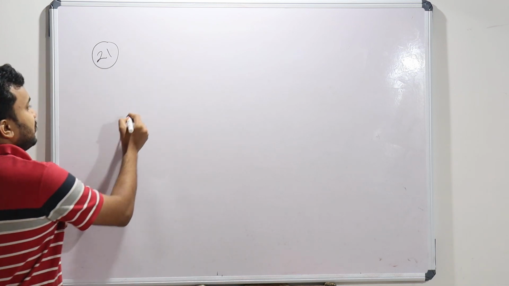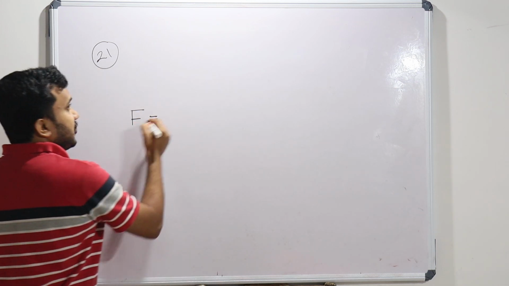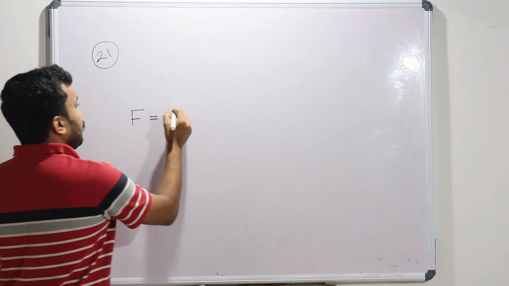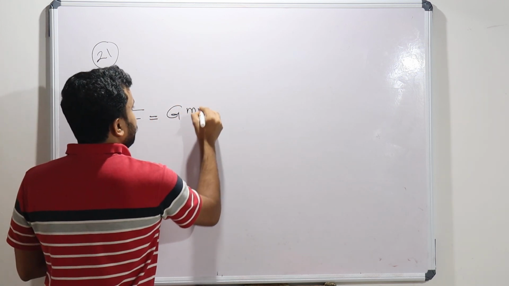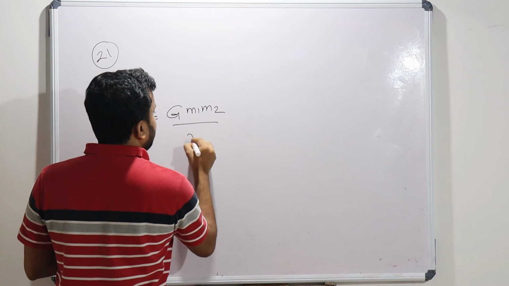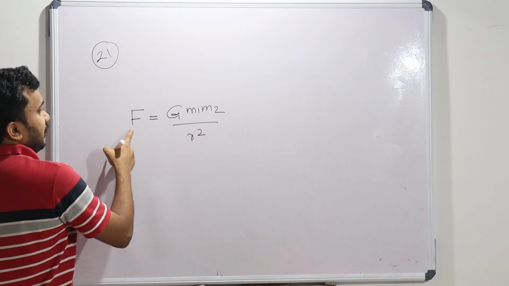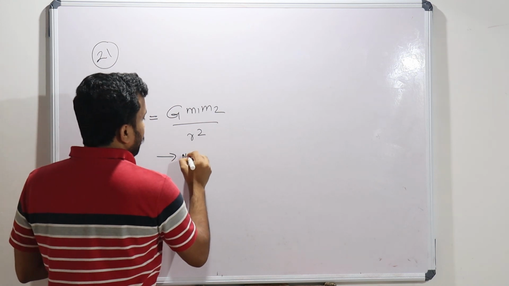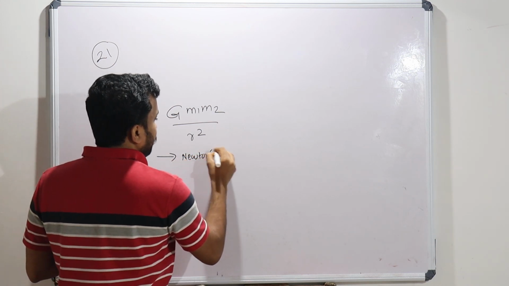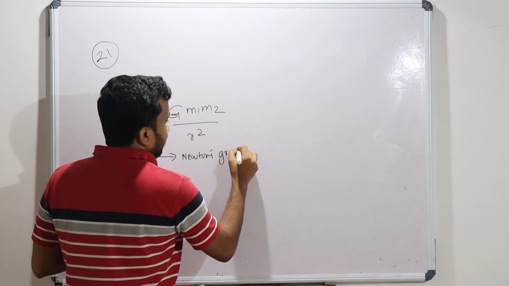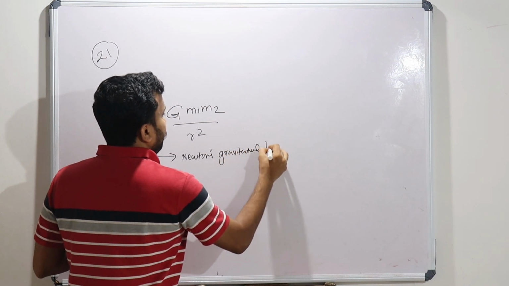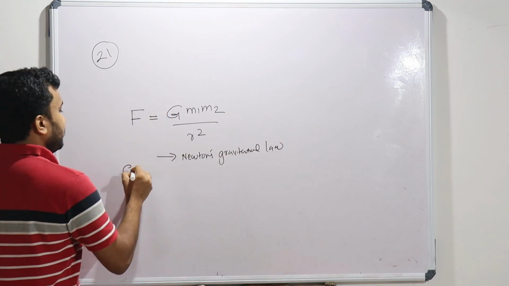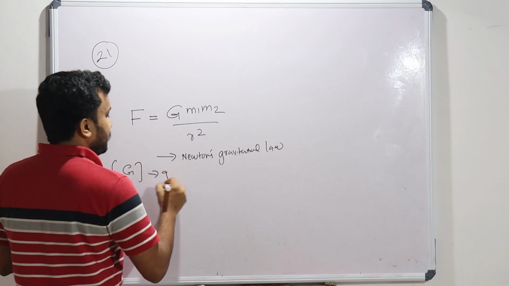What is called gravitational constant? In the gravitation chapter in second year, you will learn one law: F is equal to G m1 m2 by r square. Here F is called force, r is called the distance. This is called Newton's gravitational law. You will learn it in second year. Here the G is called the gravitational constant.